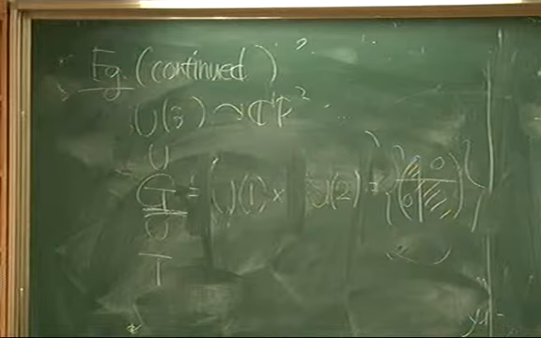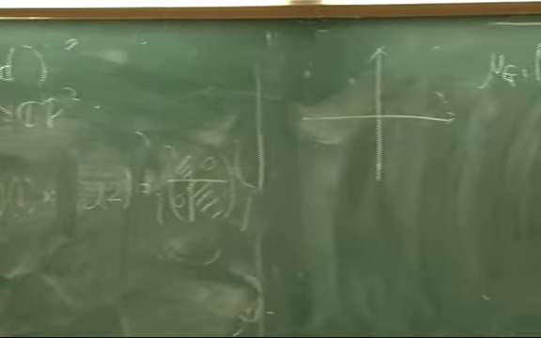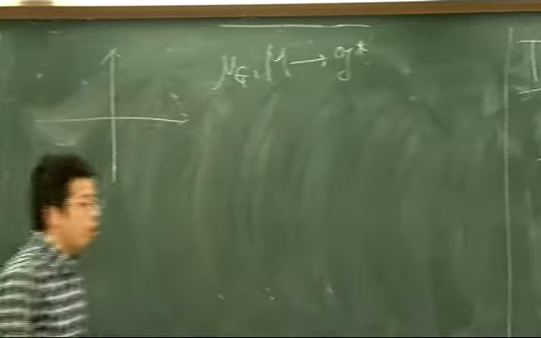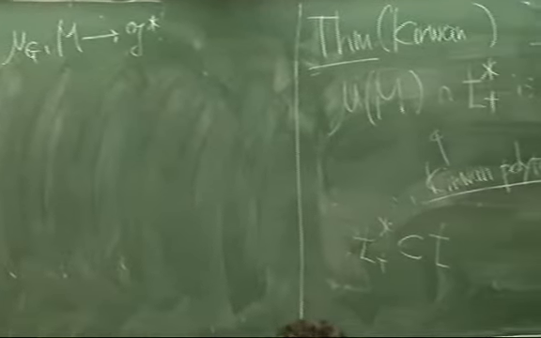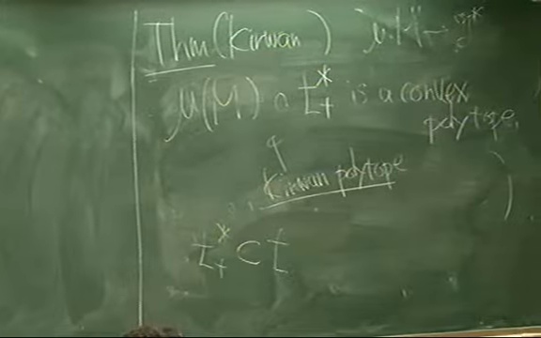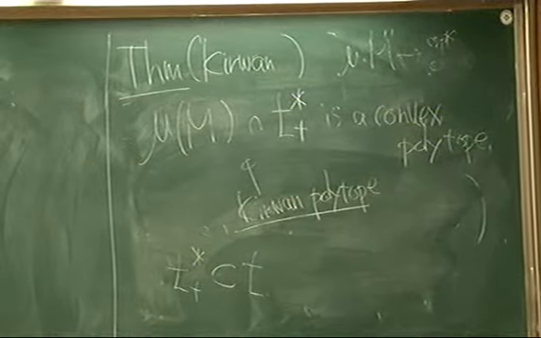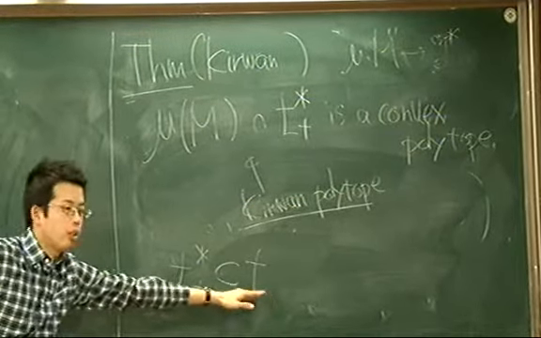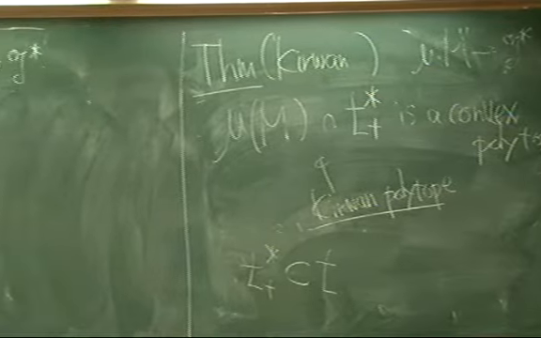If we identify the dual and the original one, this positive Weyl chamber is of course in the Lie algebra of the maximal torus. So first, let me consider the intersection of the image of this moment map and the Lie algebra of the maximal torus.